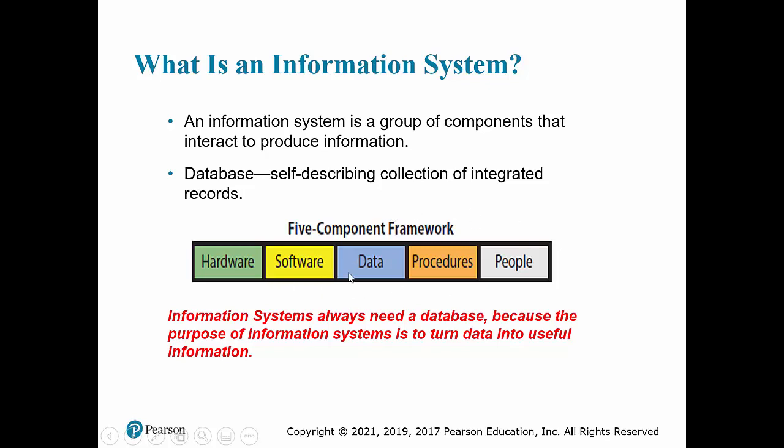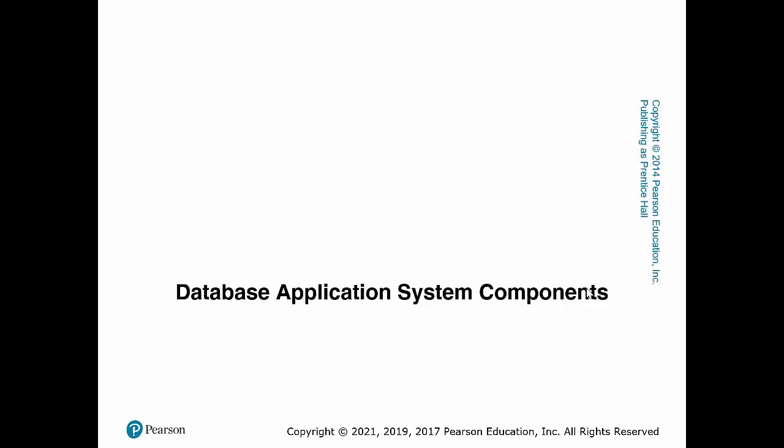And as you can see, the data or database is a necessary component of information systems. Without data, there's nothing for an information system to process. Okay. I made this little animation to quickly show you guys how an information system works.